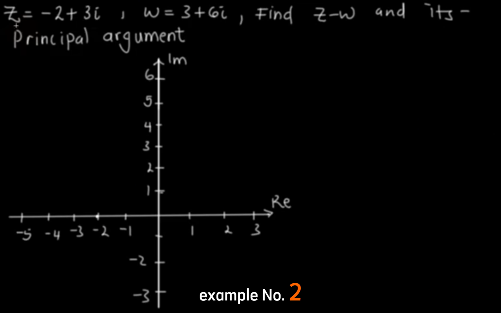Example number 2. z is equal to negative 2 plus 3i and w is equal to 3 plus 6i. Find z minus w and its principal argument. Now the first thing to do is to locate z and w on the Argand diagram.